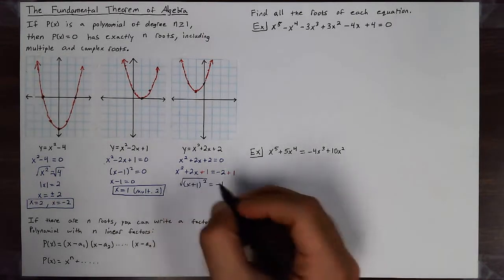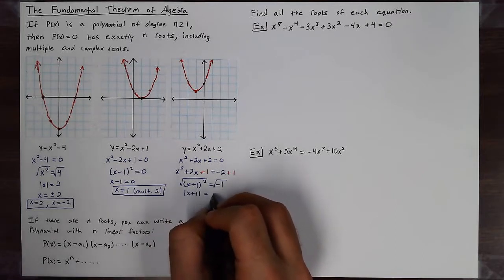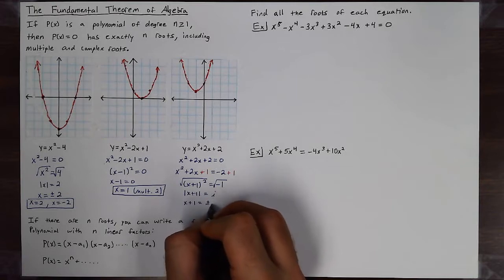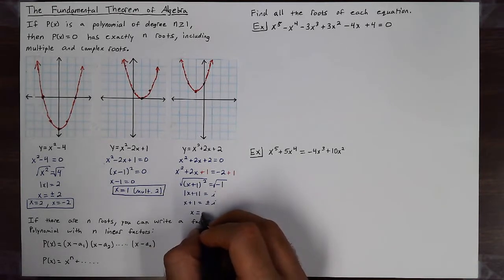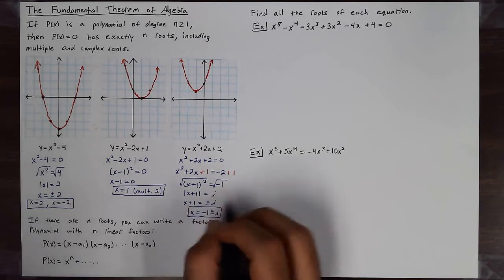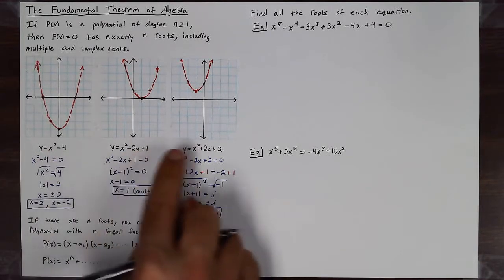I can take the square roots, get the absolute value of x plus 1 is equal to i. So then x plus 1 equals plus or minus i. So my two solutions will be x equals negative 1 plus or minus i. Those are complex roots. So see, they all had 2 no matter what because of the degree at the top.